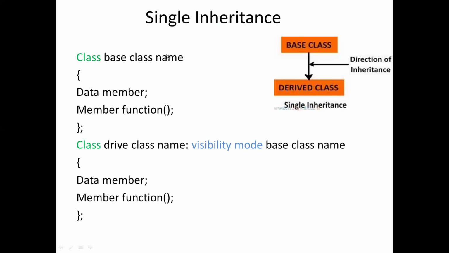The base class is the existing class. Then this derived class has its own data members and member functions. So in inheritance, the derived class has its own data and member functions, and it can also access the data members and member functions of its base class.